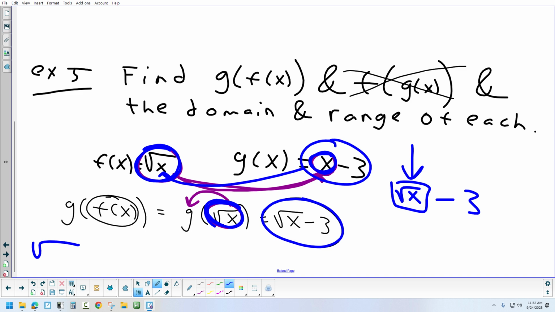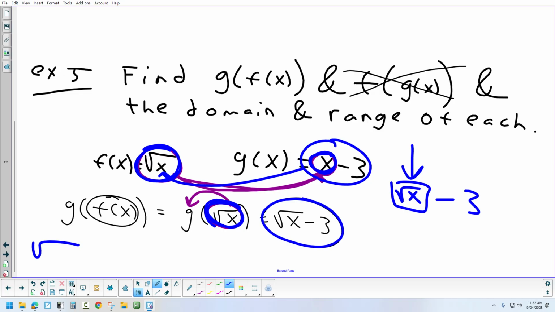No, you could plug in 2, and you can take the square root of 2. That's okay. Less than or equal to 3? No, you can't take the square root of negative 10. Yep. Is it 9? x is greater than or equal to 9.